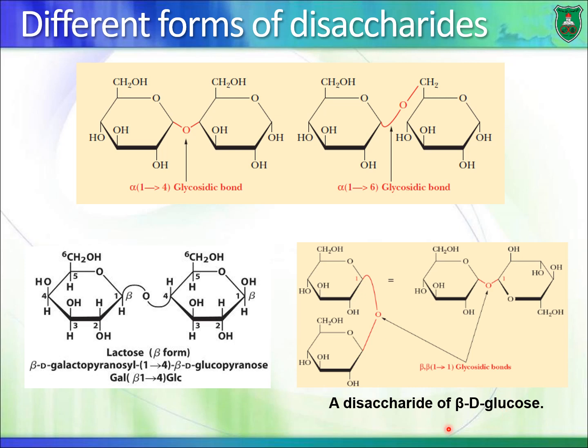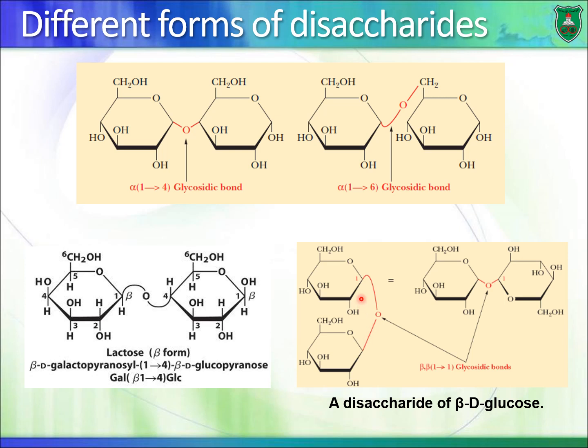Now this is a disaccharide of two glucose molecules. They can be shown this way, or they can be drawn this way as well. I'm not going to give you tricky structures, by the way. You look at it, and that's the first one, and it's in the beta orientation right here, and that is the second one, also with the anomeric carbon going upward, so it is in the beta orientation as well.